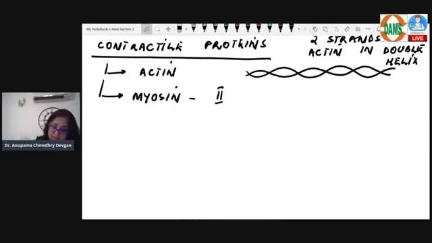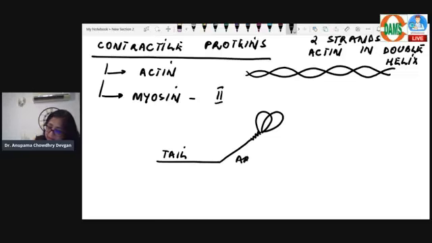This myosin has a tail, an arm, a neck, and two heads.